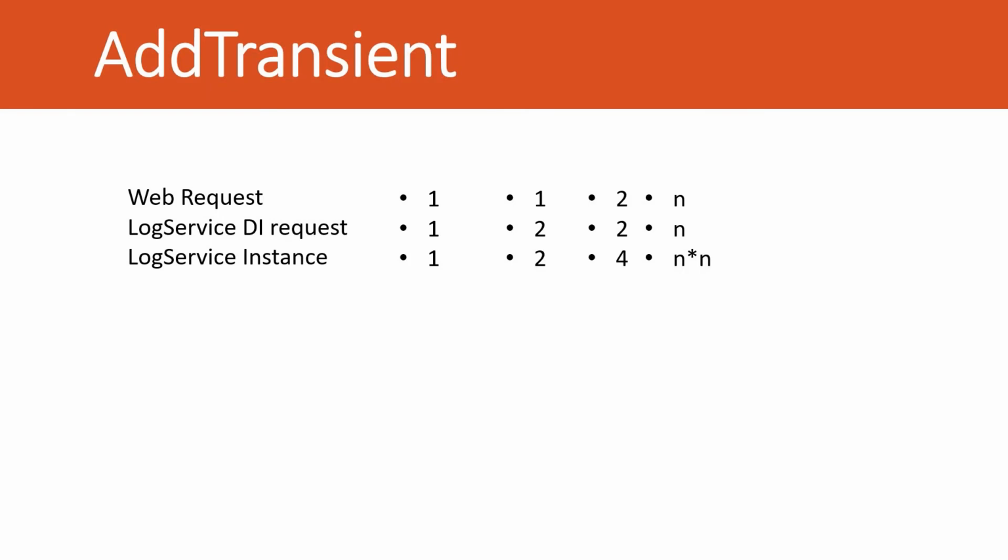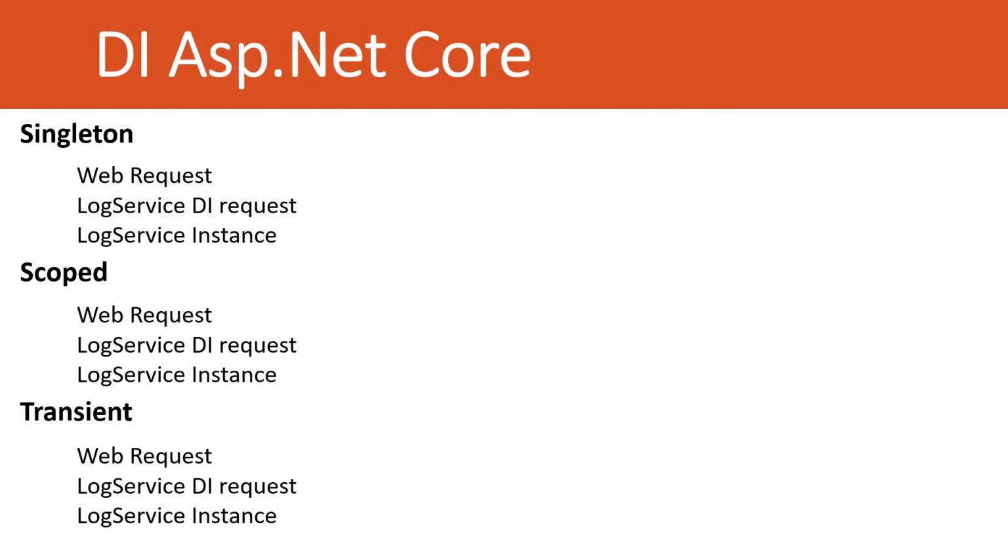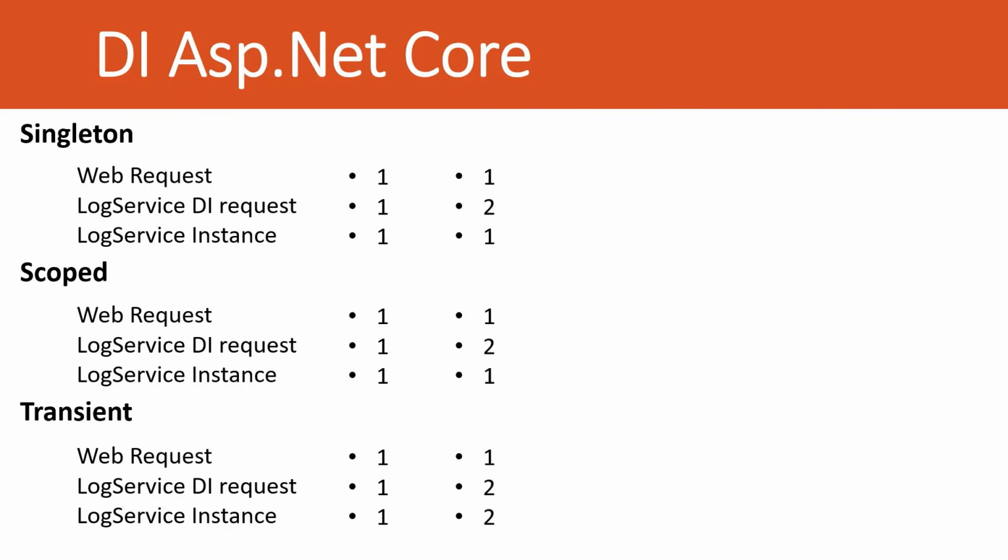Okay, so let's look at the numbers for all three: DI for singleton, scoped, transient. If we have one web request, one DI request, then it is one instance, the same for all. If we have one web request, two DI requests, then in singleton one object will be created, in scoped one object will be created, in transient two objects will be created.